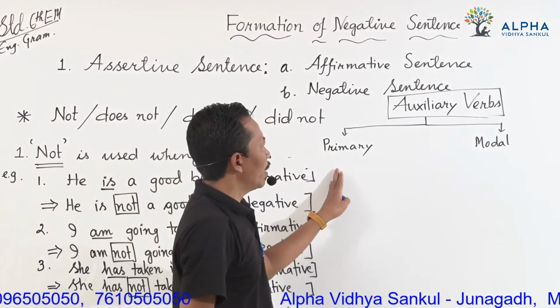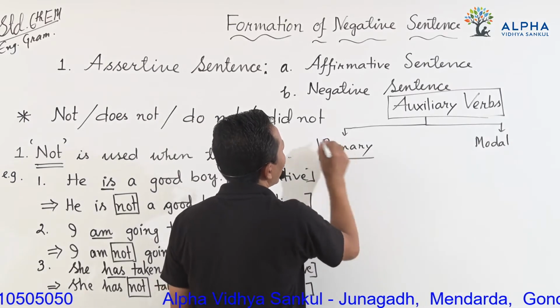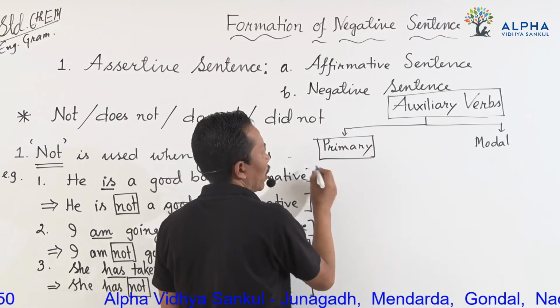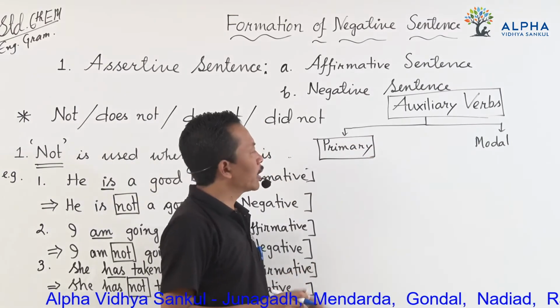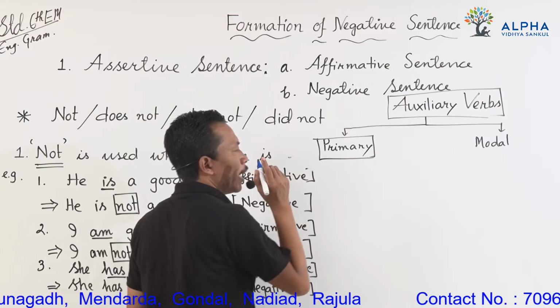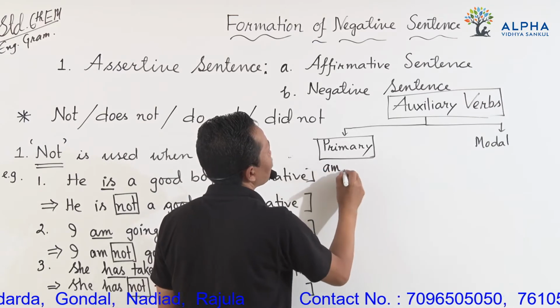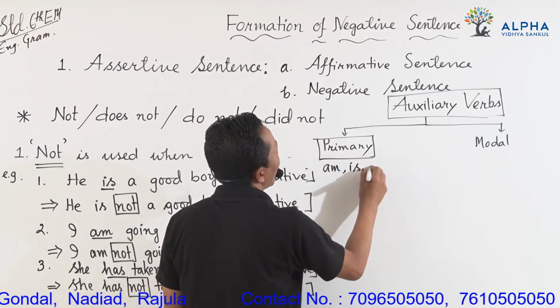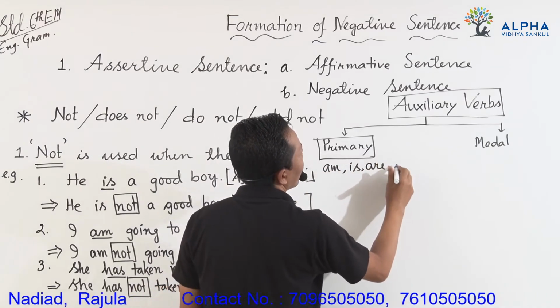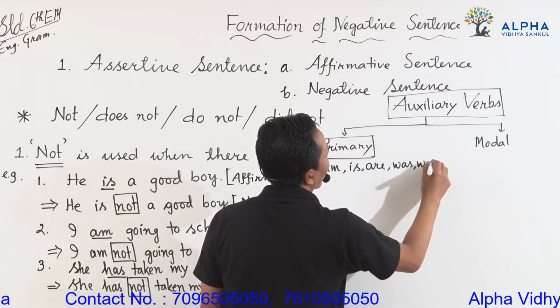Primary auxiliary has three kinds. The first one is be verb: am, is, are, was, were.